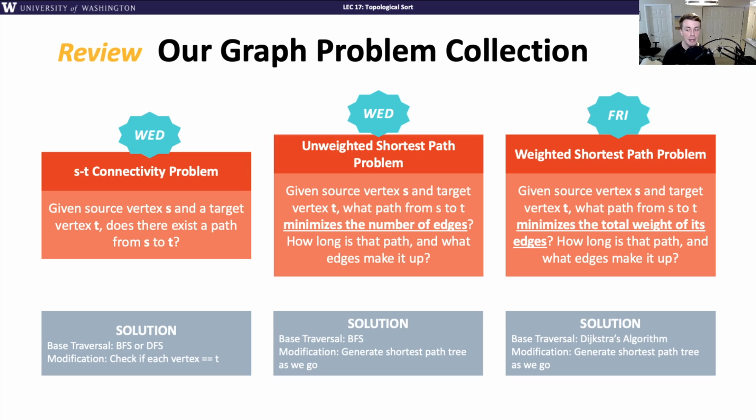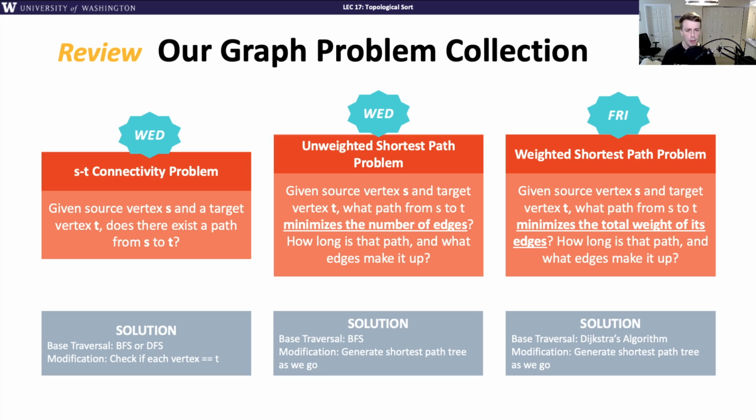So on Wednesday, we introduced the ST connectivity problem, which is given a graph, a starting vertex S and a target vertex T, does there exist a path from S to T? And our solution was an algorithm that used BFS or DFS in a modified sense, so that whenever you encountered a vertex, you checked if it was the target, and if it was, you return true. If you made it through the whole graph, otherwise you return false.